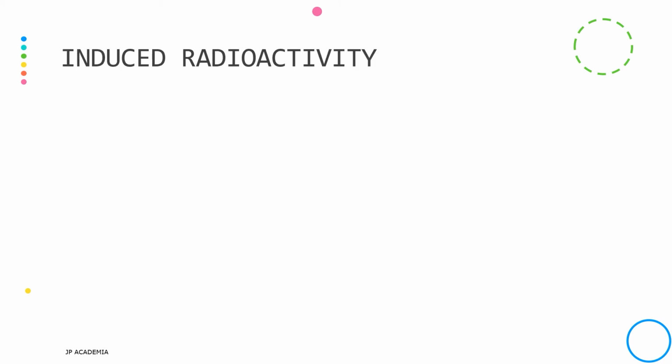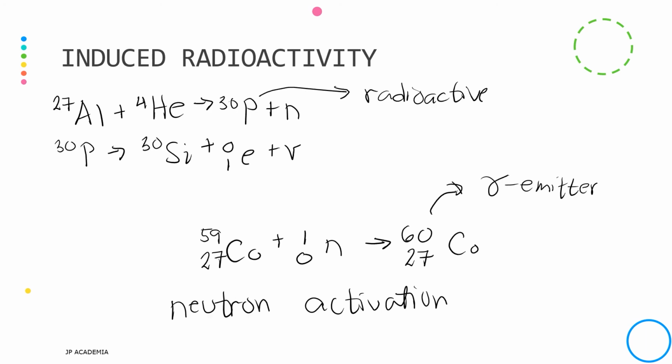In nuclear reactions, it is possible to produce an isotope that is radioactive and may decay. Shown here is aluminum-27 bombarded by your alpha particle. It will produce phosphorus-30 plus a neutron.